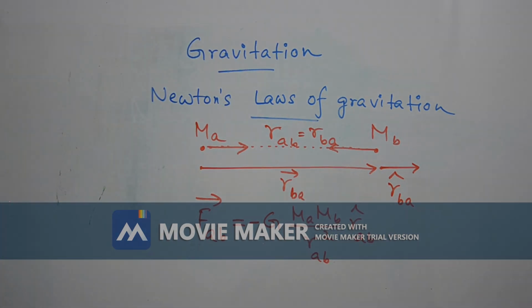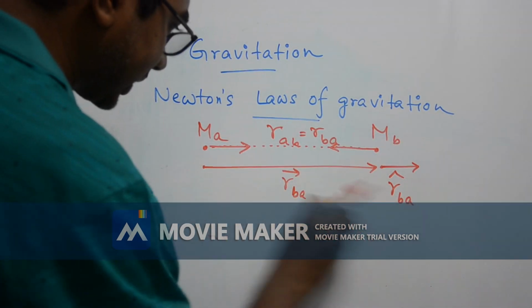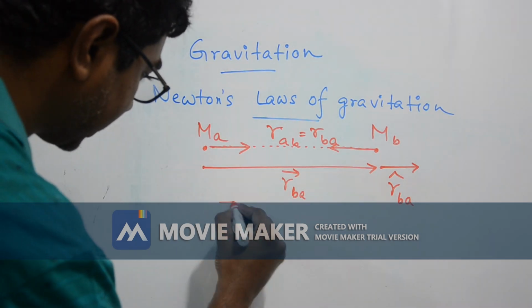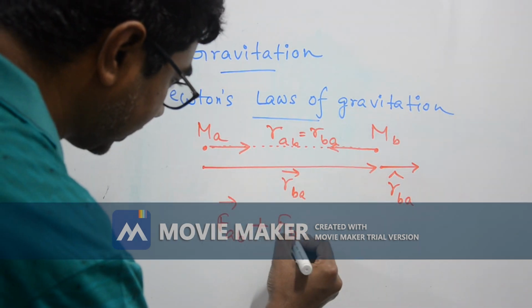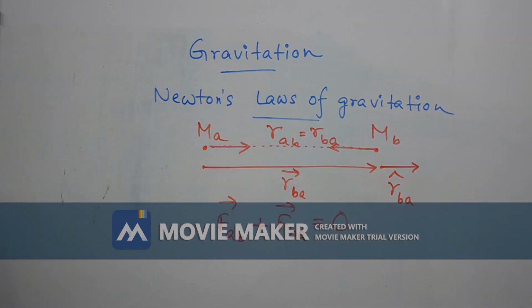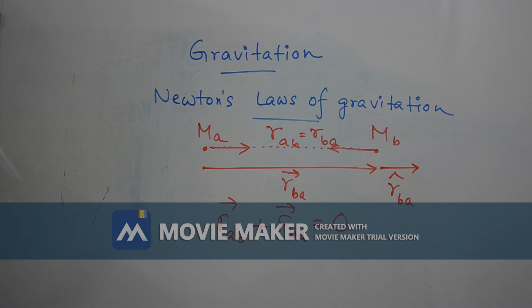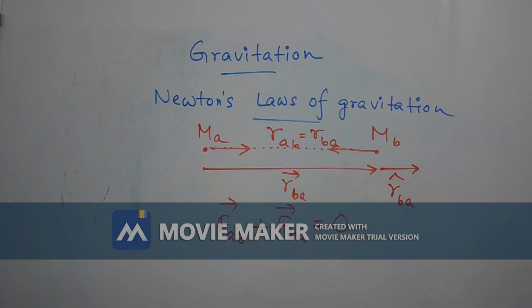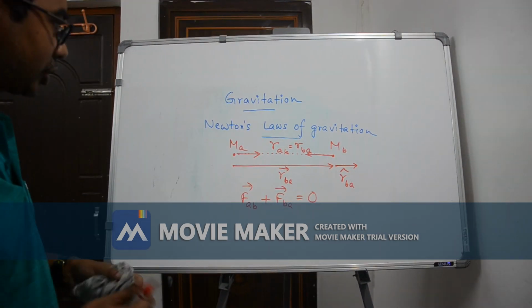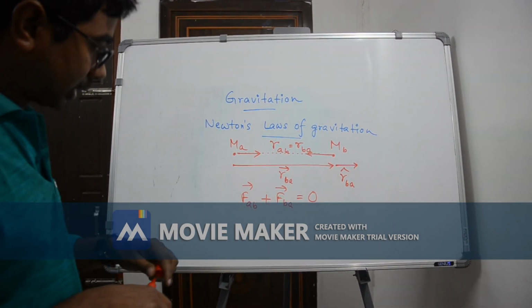And as we have already seen, by using the vectorial notation, if we write the vectorial sum of these two forces, they will be basically 0. So FAB plus FBA, it is very easy to establish that they will become 0, because if one is considered as the action, the other one is the reaction.